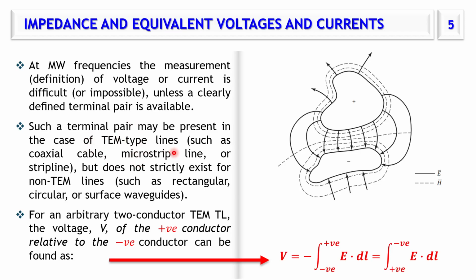TEM modes exist in coaxial cables, in microstrip lines, in transmission lines in general, but this definition for voltage and current and the ratio between them is difficult for single conductor waveguides like circular or rectangular waveguide. So let us handle first the easier case, which is a TEM transmission line like coaxial cable or parallel transmission line or microstrip or strip line.